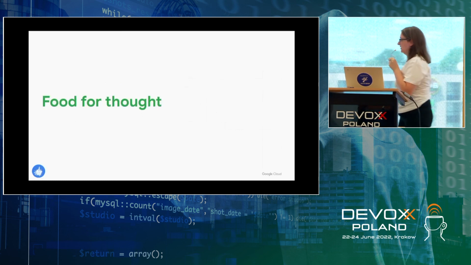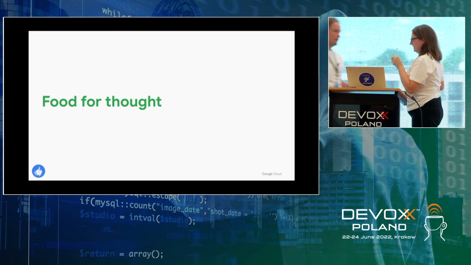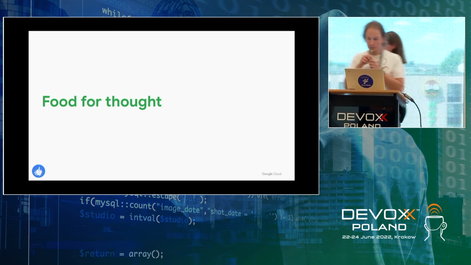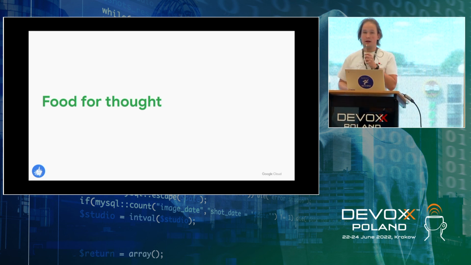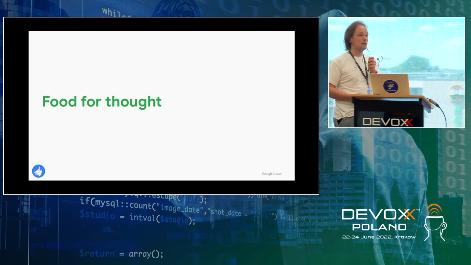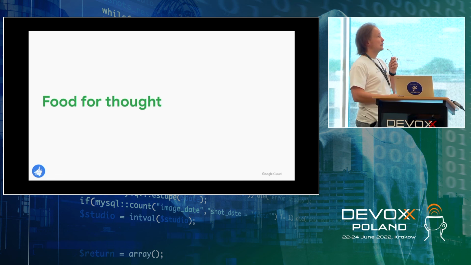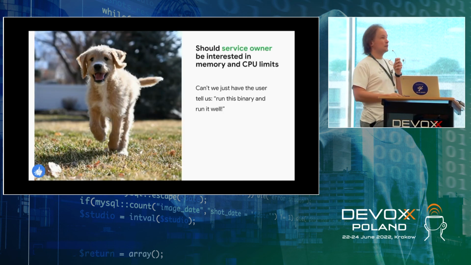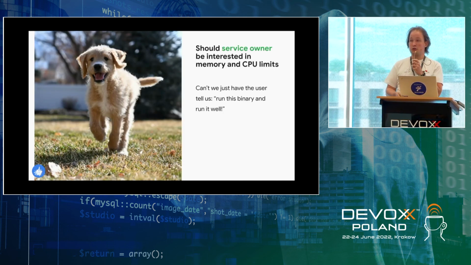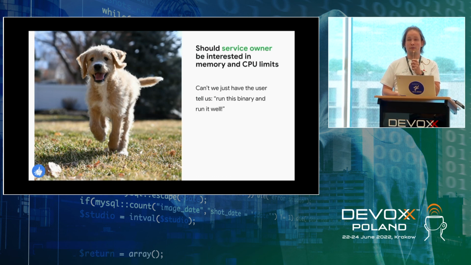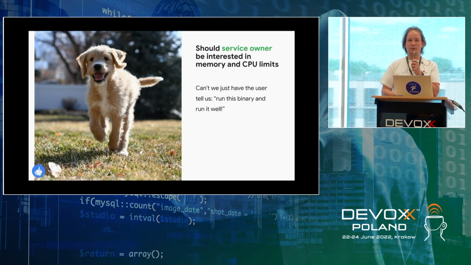Okay, and back to Jacek again. Okay, thank you. So now some food for thought. Let's take a few steps back and see the big picture. The big picture is really, should our service owners be interested in memory and CPU limits?